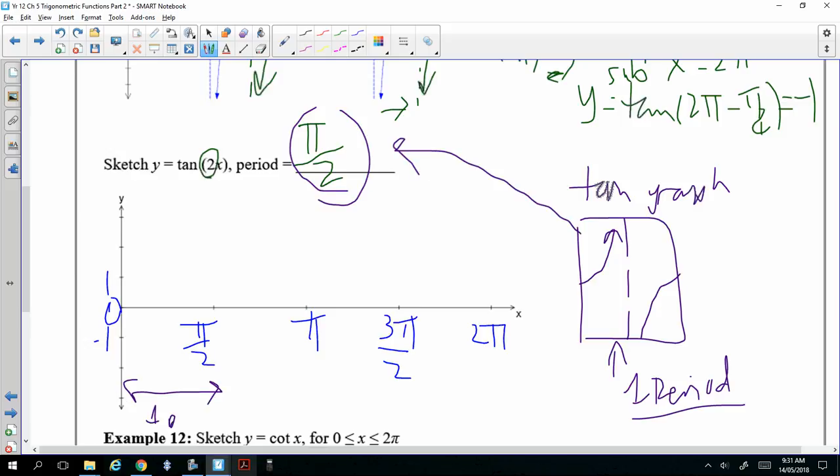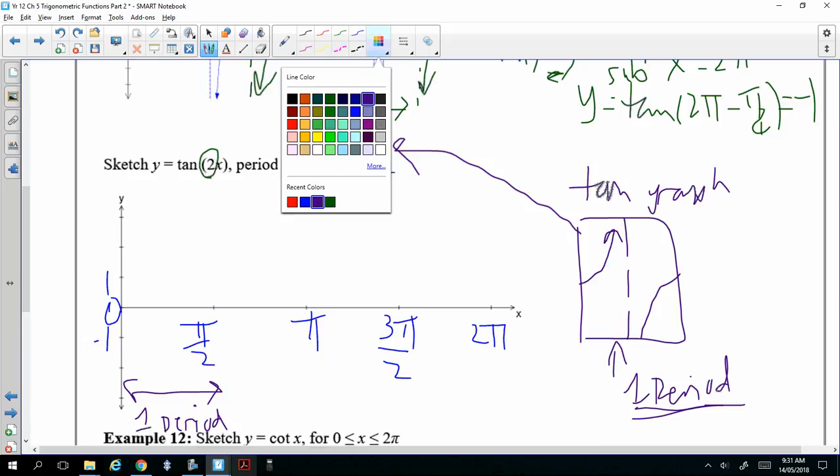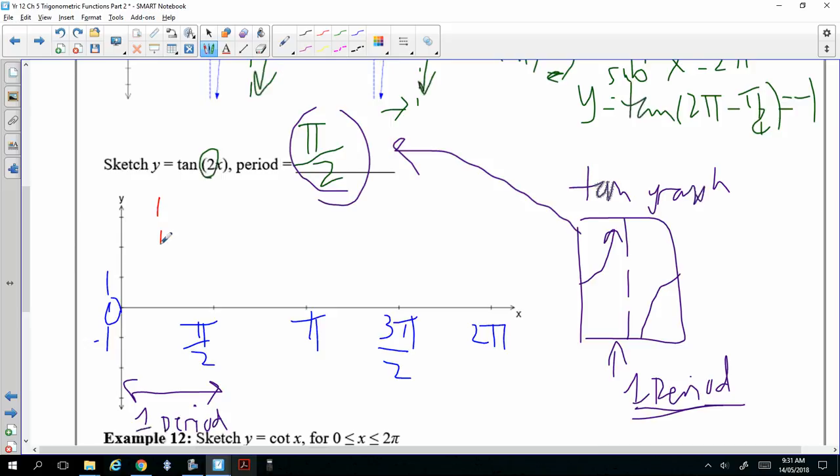So every period you find, you divide in half, and get an asymptote in the middle, right? Because there's an asymptote here, and then you just draw this bit. You draw the first period, go up in the first quadrant, negative in the second quadrant, like that. And then the next period, you repeat that again.